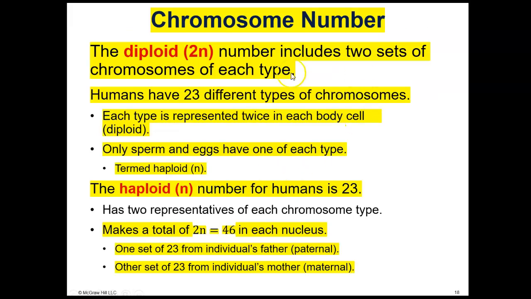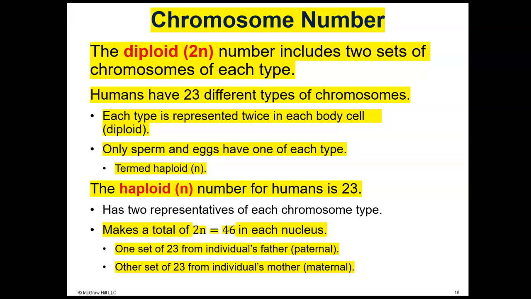So with chromosome number, no matter what species or organism we're looking at, the diploid number, or the 2N number, is the number that includes 2 sets of chromosomes of each type. Humans have 23 different types of chromosomes, but each type is represented twice in each body cell. That's the diploid number.